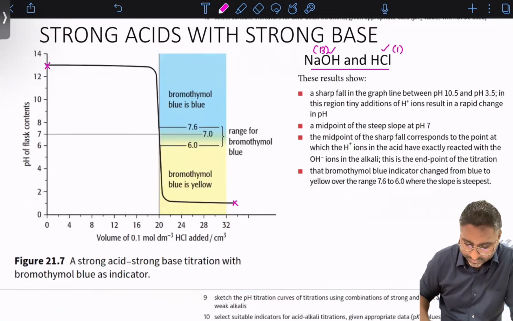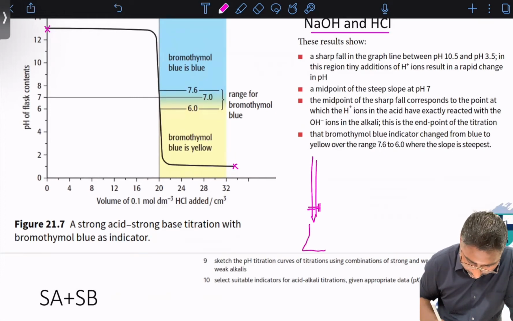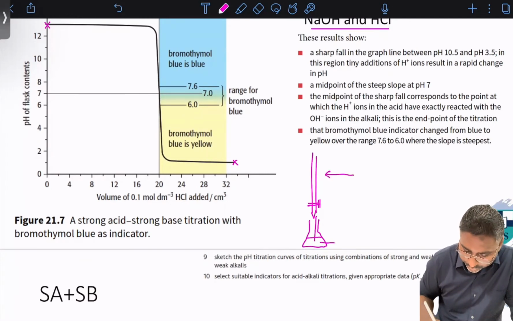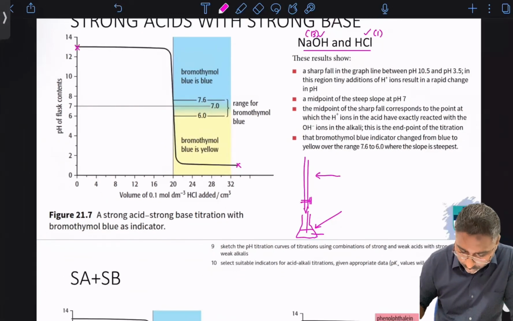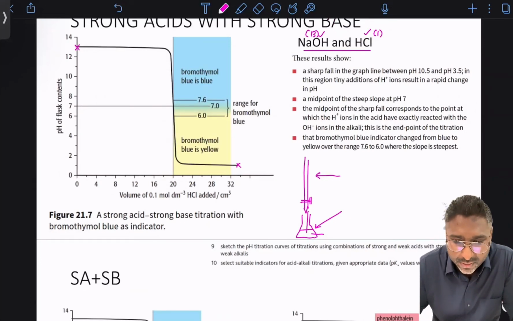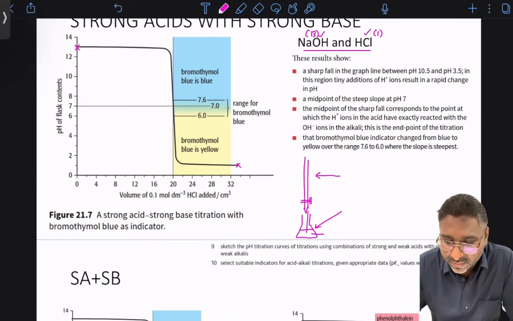Another thing: if I have a burette and a conical flask, normally I put the indicator in the conical flask and I put a pH meter inside. There will be solutions in the burette and in the conical flask. My question is, is the sodium hydroxide going to be in the burette or in the conical flask, based on the graph?